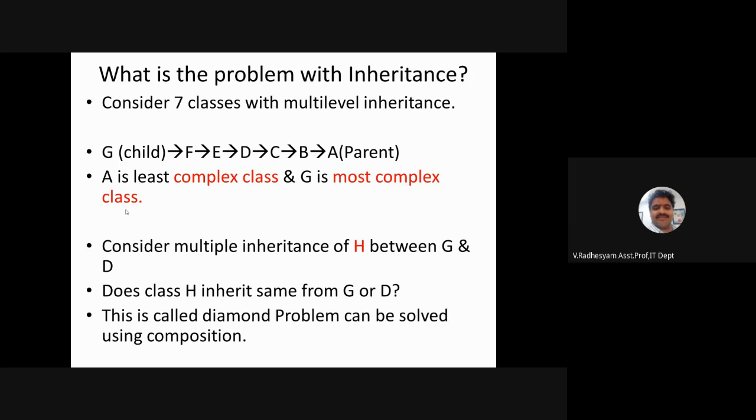In this hierarchy, let us consider a class called H between G and D, which has multiple inheritance with G and D. That is, there is a class with multiple inheritance in this empty space.